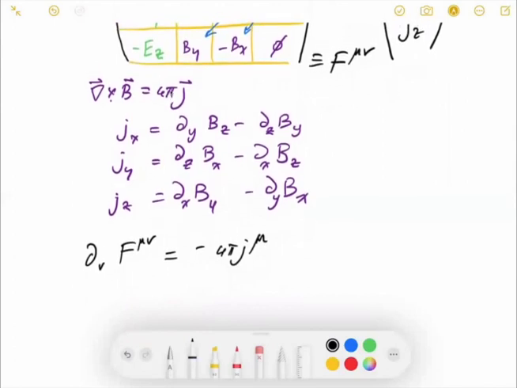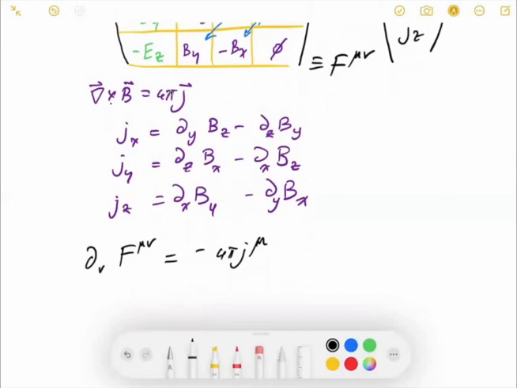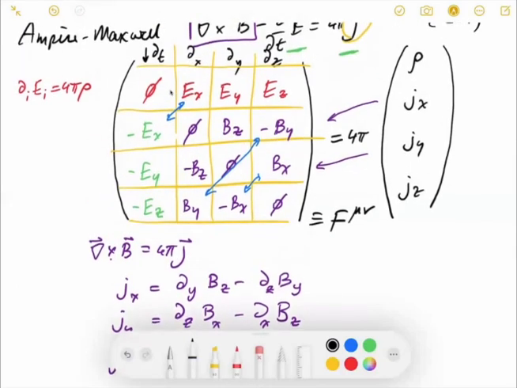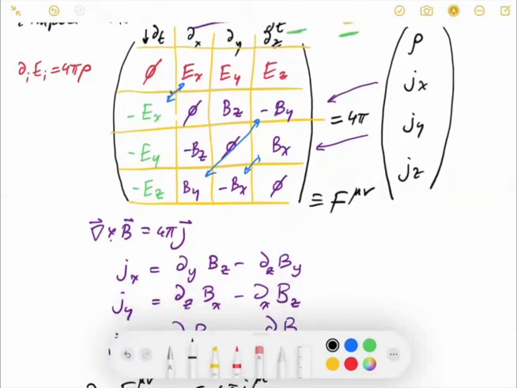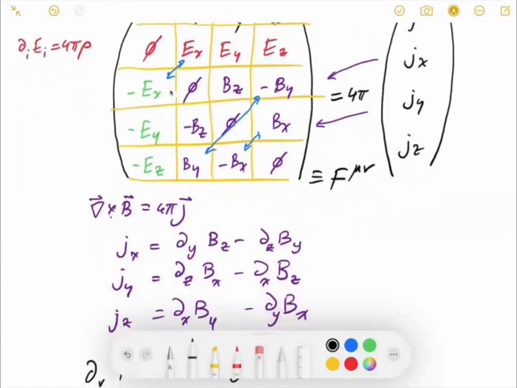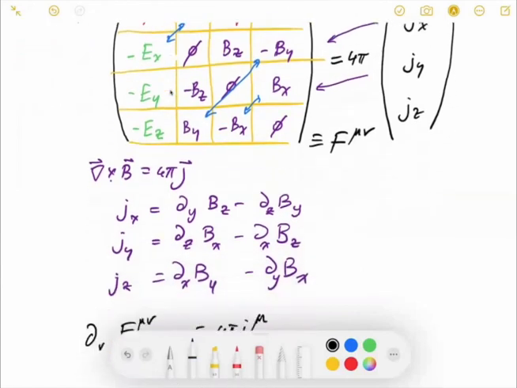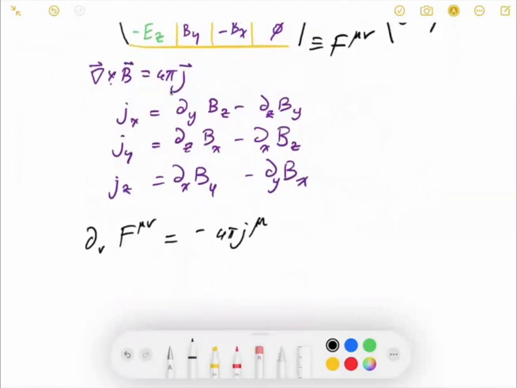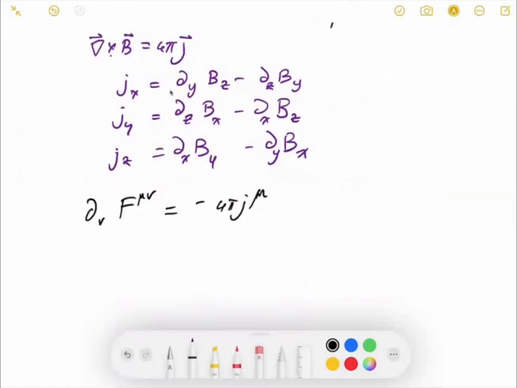And I have one minus sign here. I just want to make sure I have it really right. Yeah, I think the way I wrote it is actually nu mu, not mu nu. Otherwise you don't get the minus sign here. So for instance, you could also write this as del nu mu, and then you have it the way we wrote the tensor.